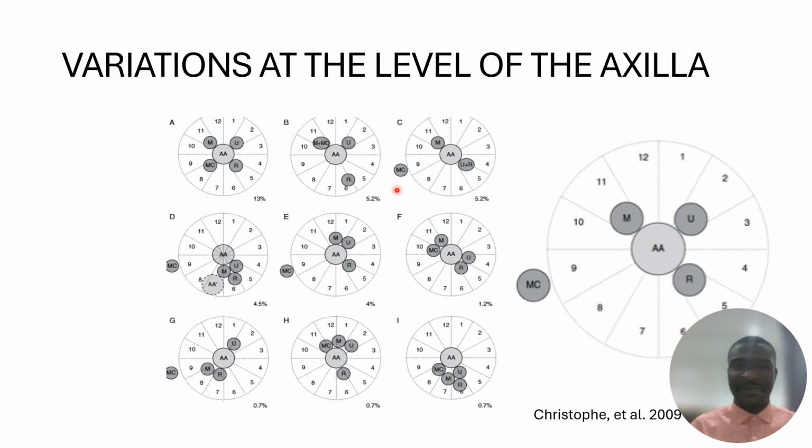So you can see the different variations, and it's usually about the positioning of the musculocutaneous nerve. In some cases, you are going to find that the musculocutaneous nerve actually fuses with the median nerve, as you can see in this particular picture.